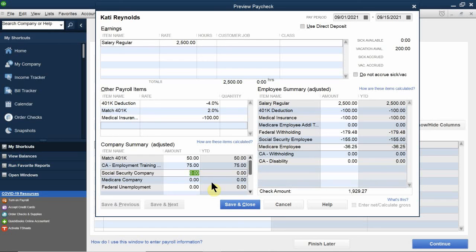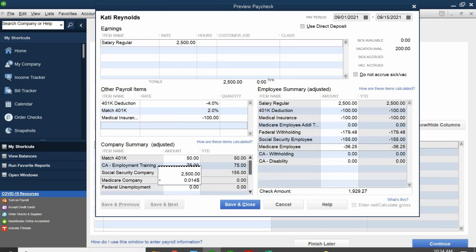We talked about Social Security being negative 0.062, which is the $155. And then we talked about Medicare being 2,500 times 0.0145. As you can see, I put negatives, and it reverted it, because in this case, it's not taken away. I'm adding it to my liabilities.